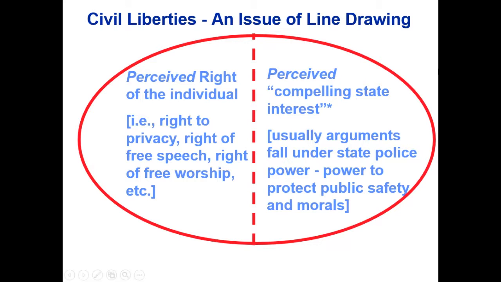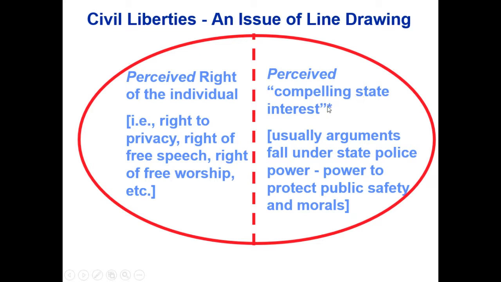And then on the other hand, you have the state, and I'm using that term state here very broadly just to mean the authoritative nature, the authoritative aspect of society, the ability of society to authoritatively make rules and regulations. So it can be the national government, it can be the state government, it can be the local government, right? Or the community, right?